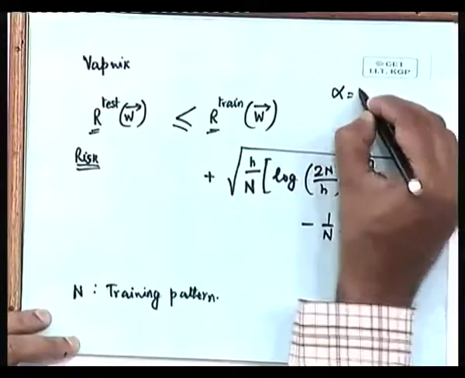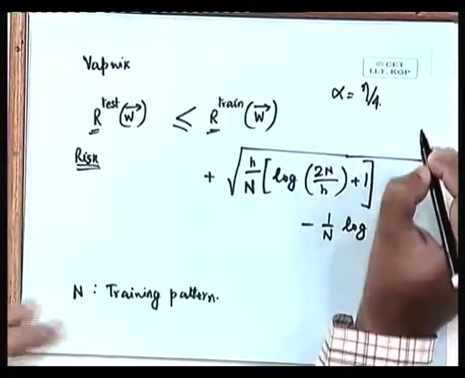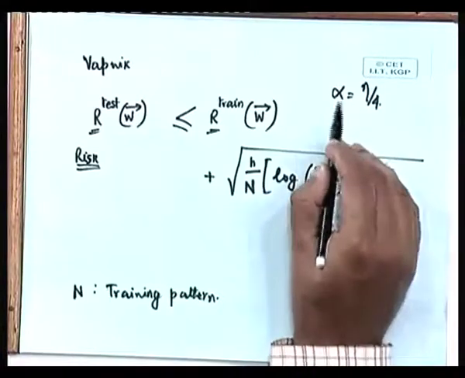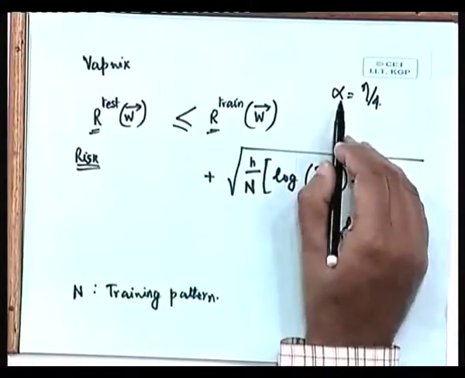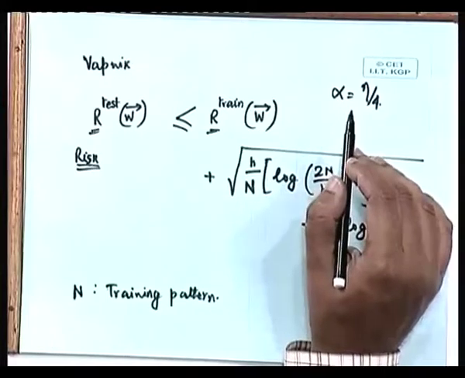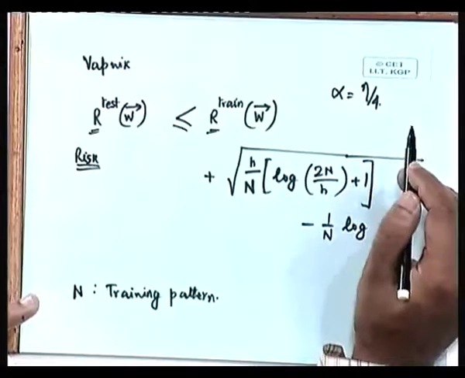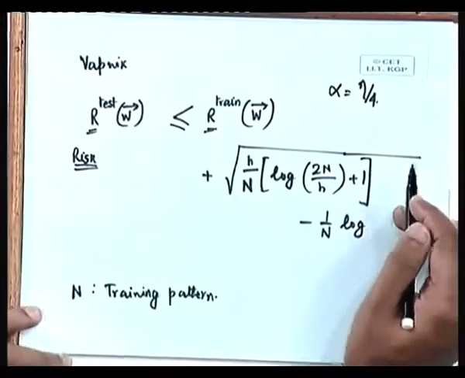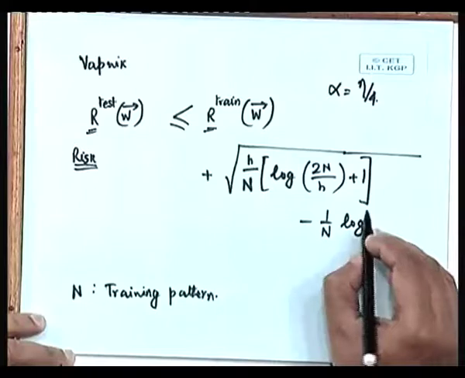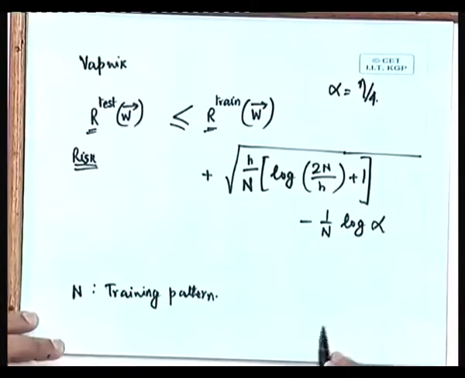Since we have always used eta as the learning rate, let us not make that confusion, and I now substitute alpha equal to eta by 4. So alpha in this case is just a scalar, a constant quantity, expressed as eta by 4. So we will be writing 1 by N log of alpha. This is the expression that Vapnik has pointed out.